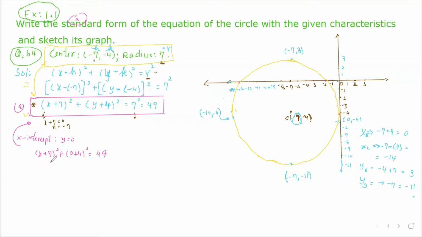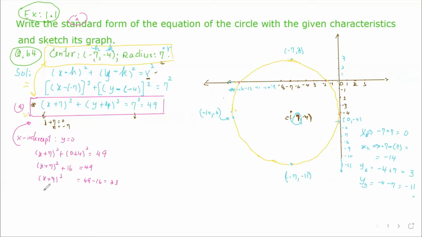So then this one is x plus 7 power 2, and this one, 0 plus 4 becomes 4, 4 power 2 becomes 16, equal to 49. Then we have x plus 7, the whole thing power 2, equal to 49 minus 16, what we are left with becomes 33, right?